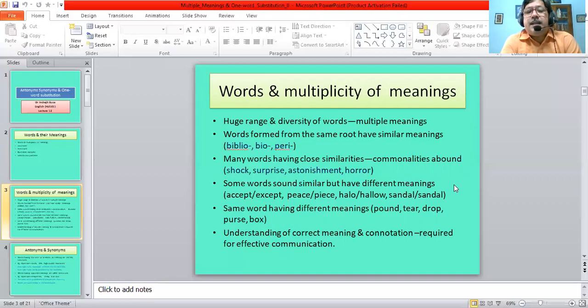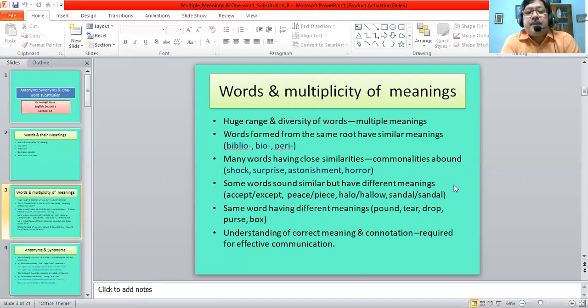Halo, the penumbra which surrounds a holy person or a great person, and hallow, something sacred. Sandal, the sandal that comes from the sandalwood tree, and sandal, the sandal or slipper that one wears. So the pronunciation is nearly the same, but the meanings are different and the spellings are somewhat different.